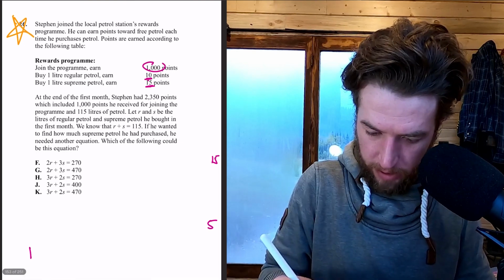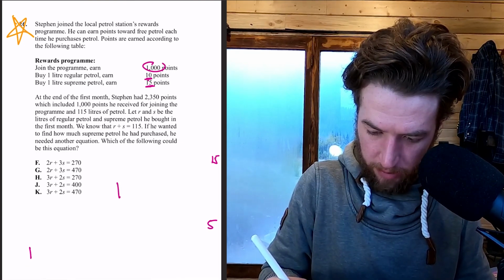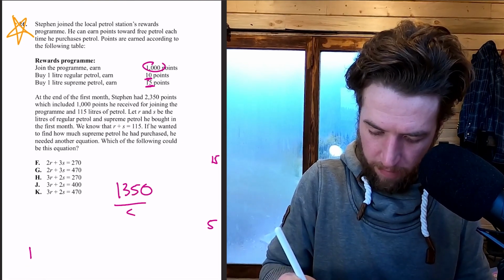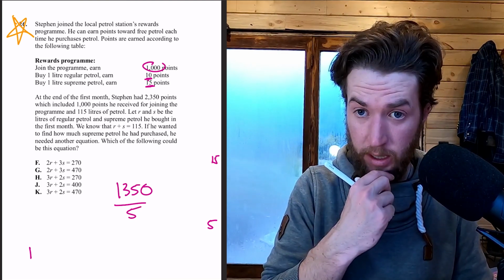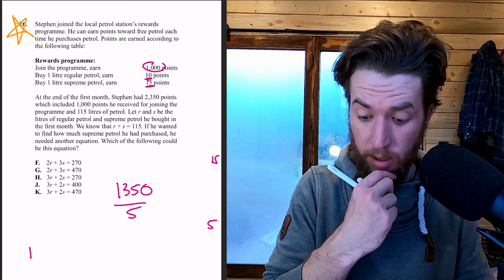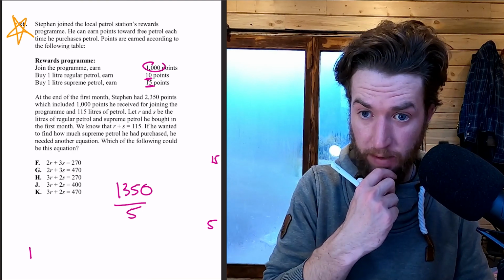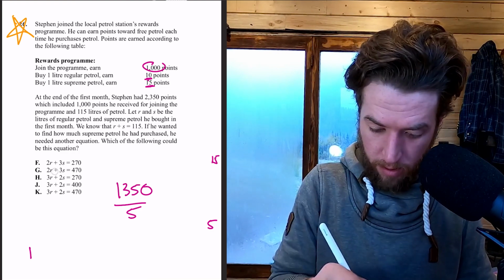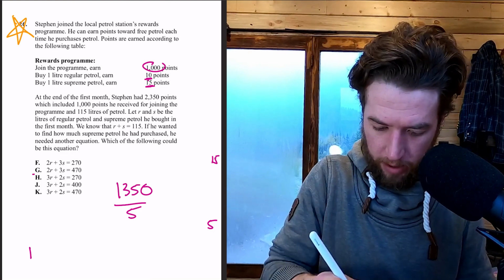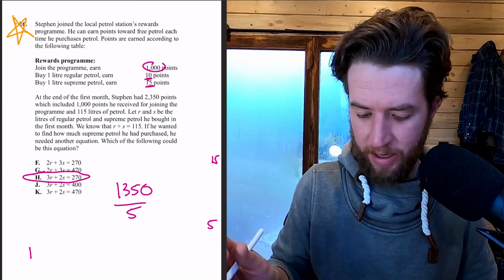And so the difference is, what do we say? 1350 divided by 5, which should be 250. So 270. Oh my gosh, is that it? 3R? Okay. Don't ask me how I got to this mentally, but I think that's right.